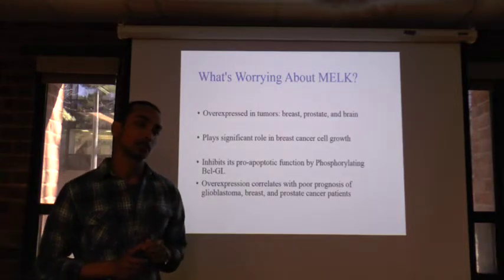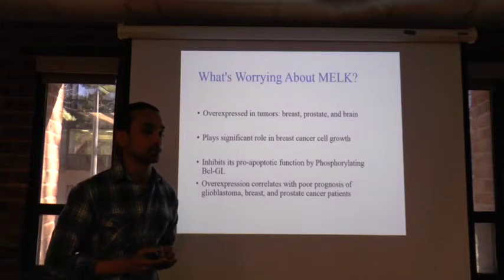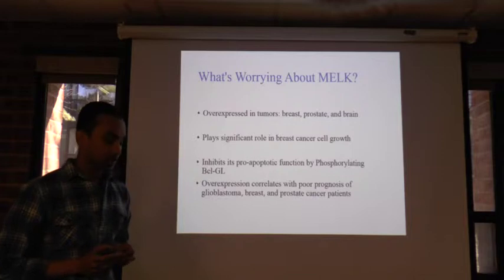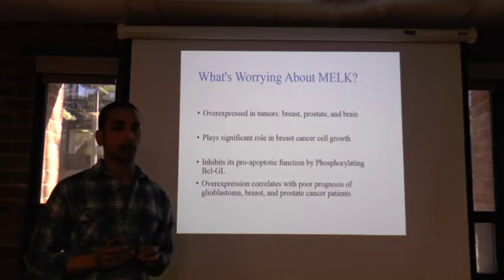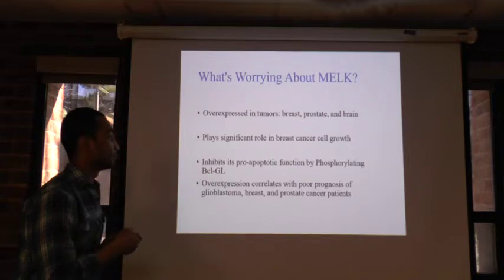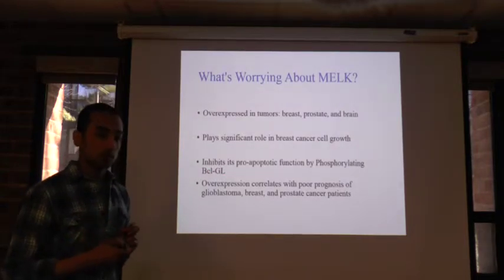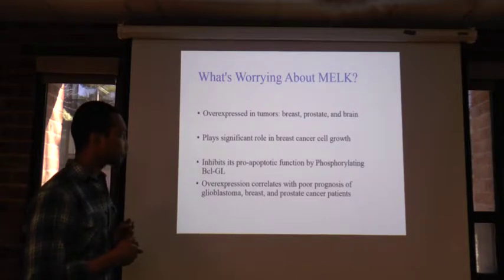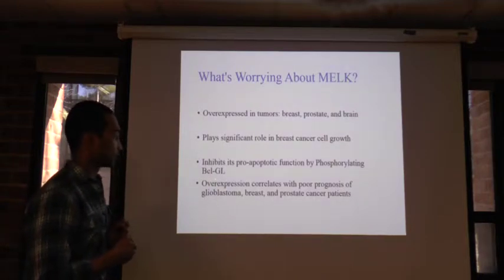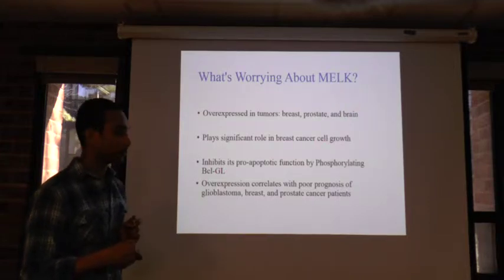Now, what is worrying about MELK if it is important to cell cycle regulation? MELK has been found overexpressed in various undifferentiated tumors such as breast, prostate, and brain. It has also been found that it plays a significant role in breast cancer cell growth by phosphorylating this protein right here, BCL-G. Now, this protein promotes pro-apoptotic function, but when MELK phosphorylates this protein, it inhibits its activity and thus promotes cancer cell growth.